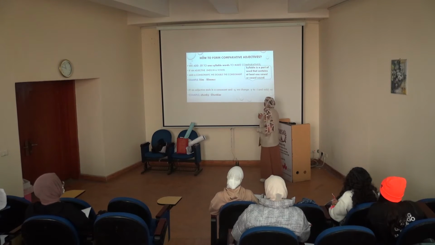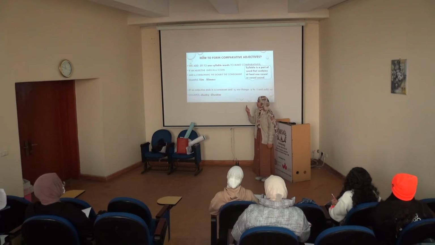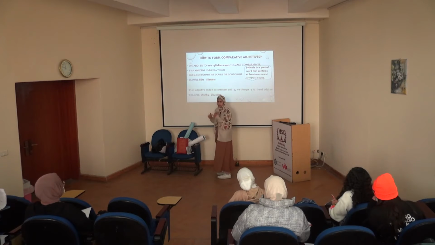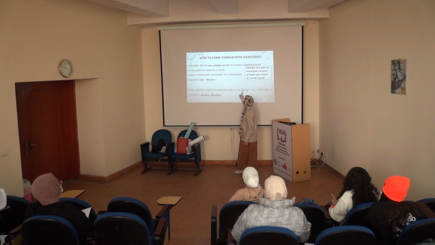So we put er to one syllable words. One syllable means that it contains one vowel. Another form, if it ends with y, we change it to i, and we add er.